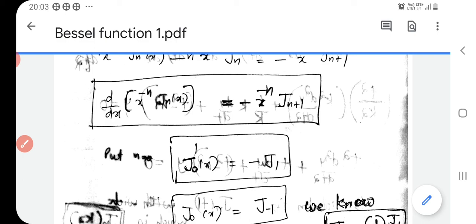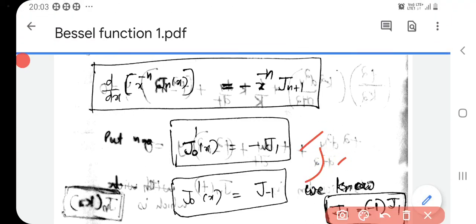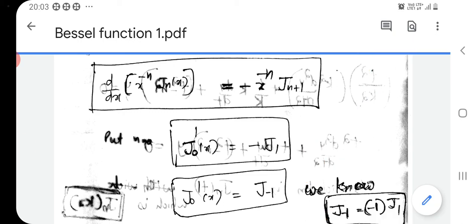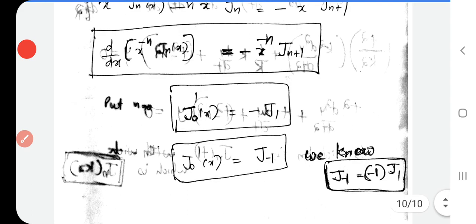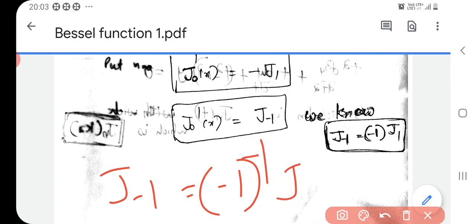What we have seen in the first property is J minus n of x equal to minus 1 to the power n Jn of x, isn't it? So J minus 1 will be minus 1 to the power minus 1 J1 of x.